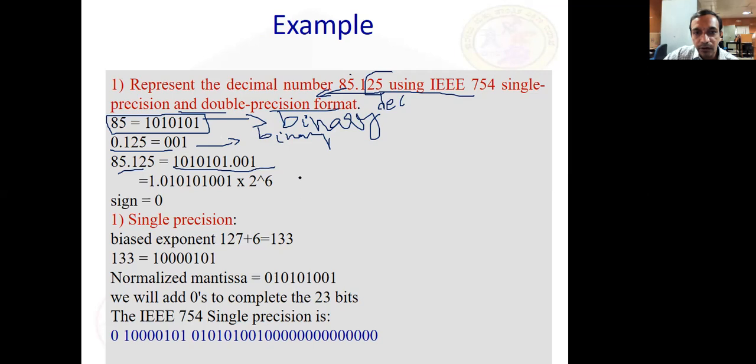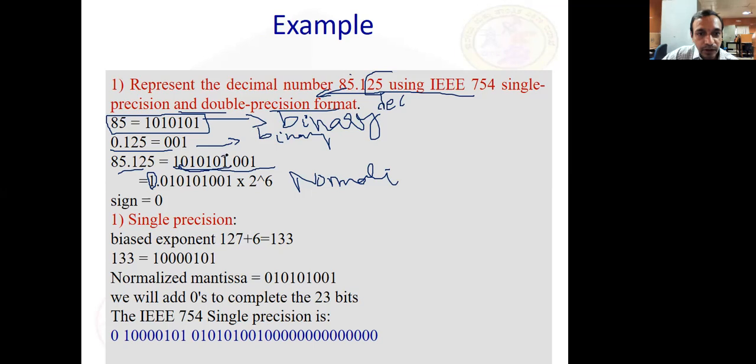And what we said, we should normalize. This is unnormalized. This is normalized. That means, to the left of the decimal point, there must be a single non-zero digit, sorry, non-zero bit, because it's binary. Okay. So that means you shift this number left to this point.